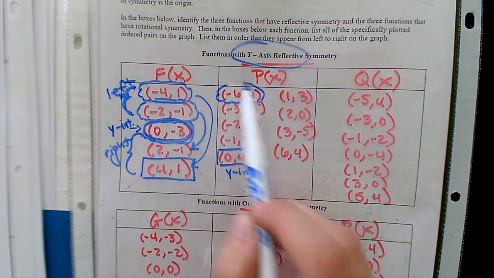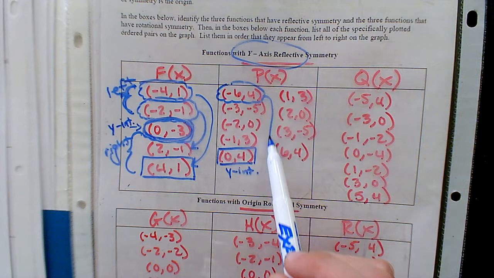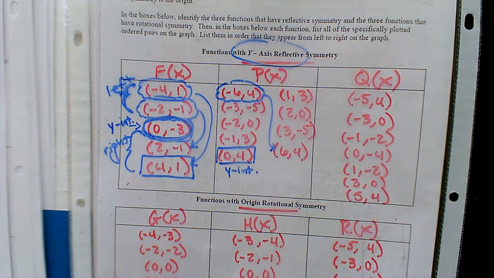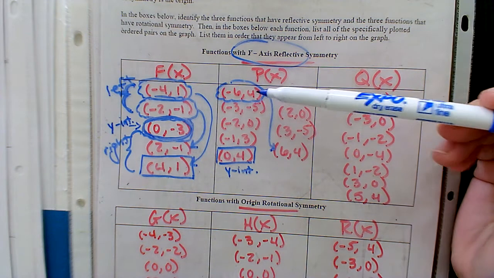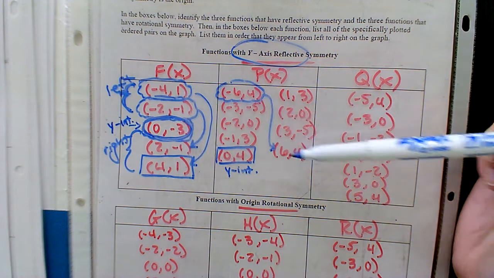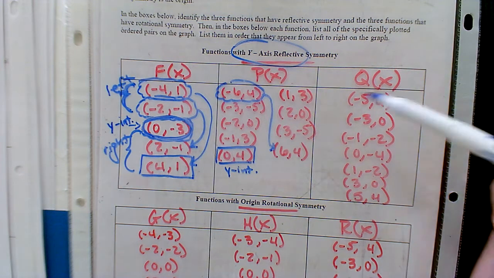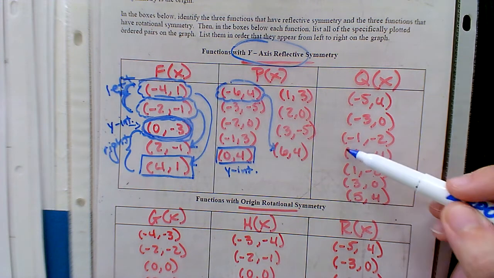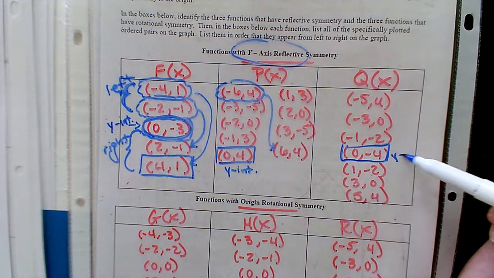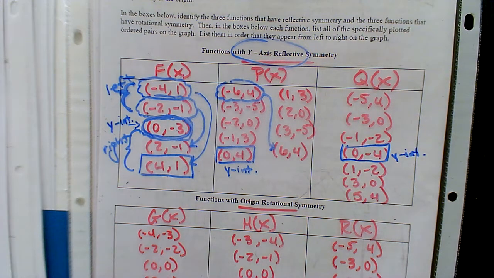So this point on the left-hand side is connected to a point on the right-hand side, specifically by having the same y value but the opposite x value. Do we see that same connection happening in p of x and q of x as well? Okay, we can identify the y-intercept.